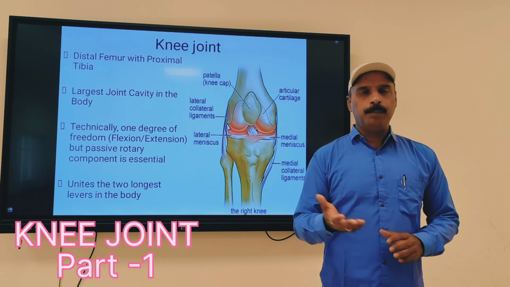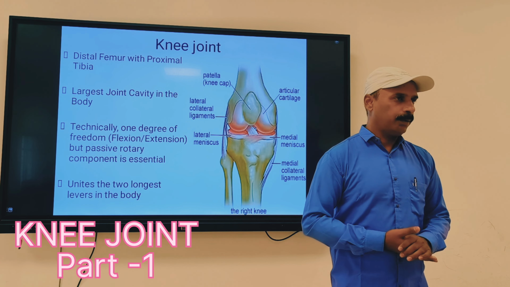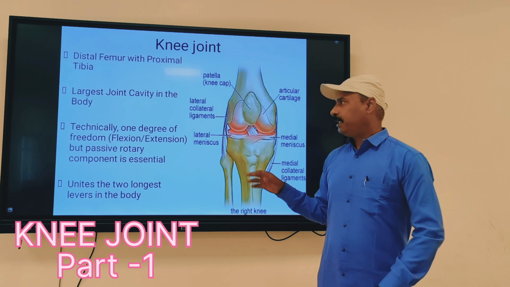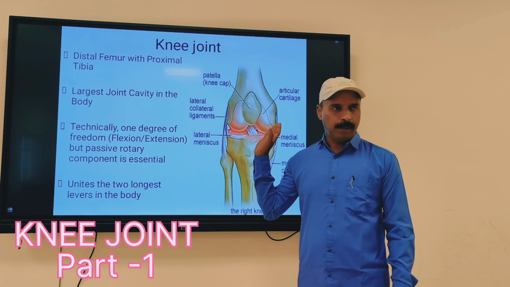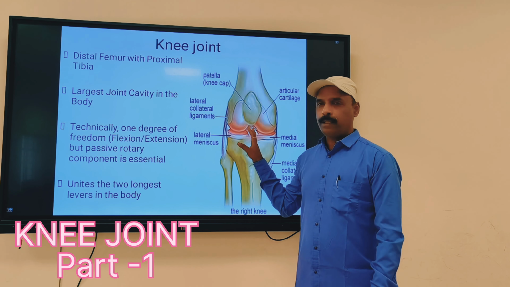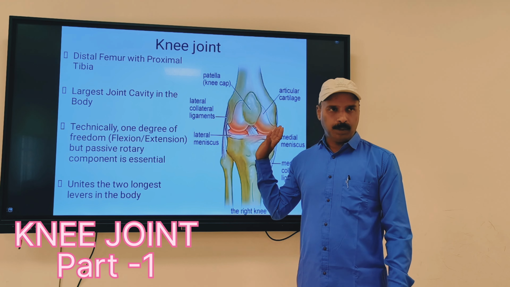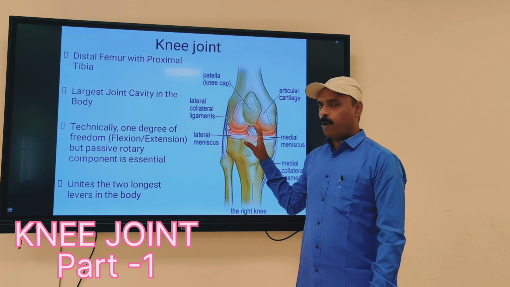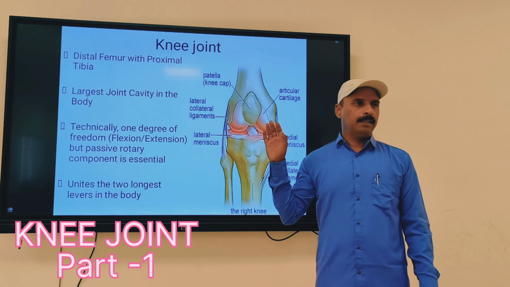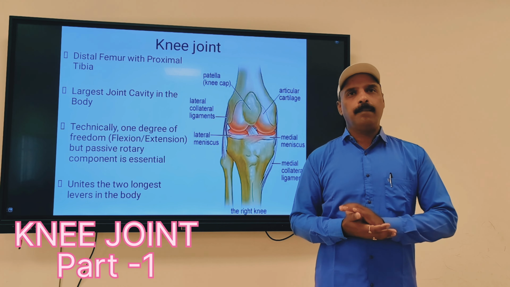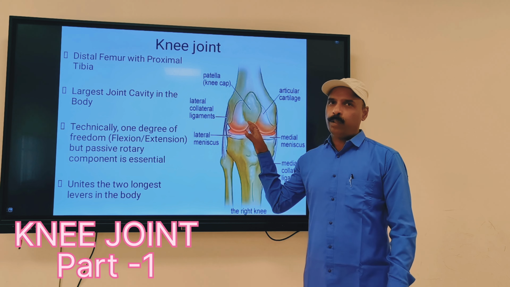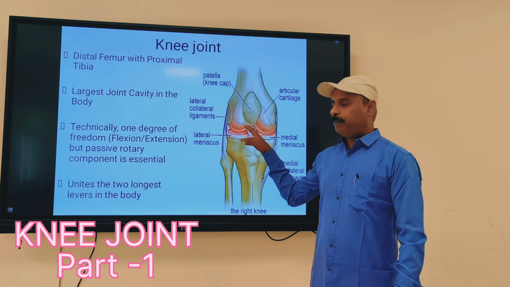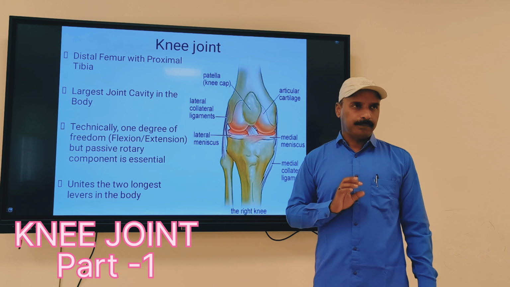So what is the type of joint is asked, that you have to remember. Here you have to remember it is one of the large joints of the lower limb, and it is a compound variety of synovial joint, and it is a complex joint because the joint is divided into compartments, and it involves more than two bones: lower end of femur, tibia and patella.